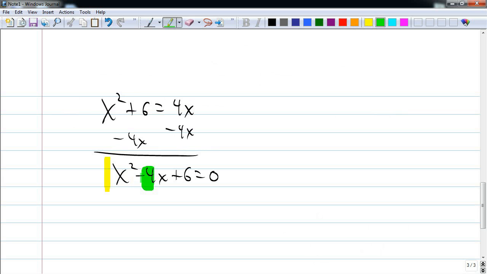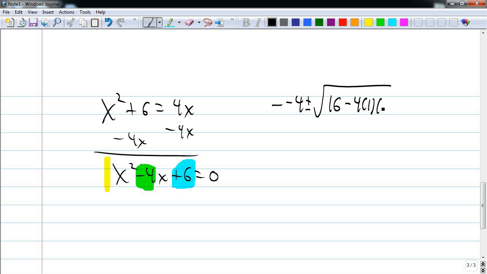The b is negative 4. c is 6. So I have negative b plus or minus the square root. Negative 4 squared is 16, b squared minus 4ac, all over 2a.